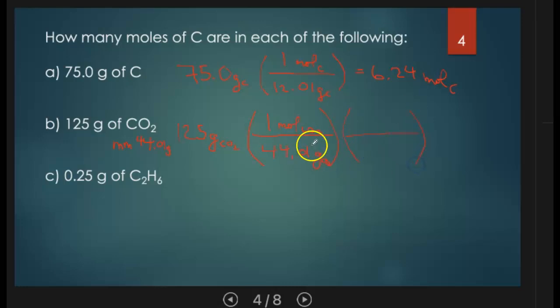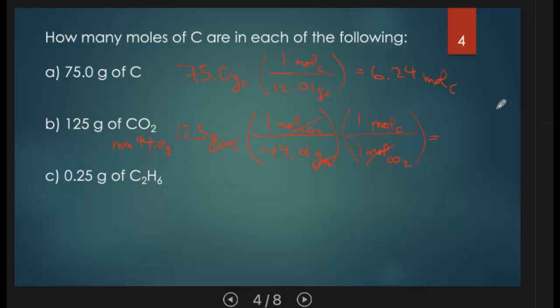So to get to that, what I'm going to look at is for every 1 mole of CO2, how many moles of carbon will we have? Well, 1. So 1 mole of carbon. Moles of CO2 will cancel out. Grams of CO2 will cancel out. We'll be left with moles of carbon. So tricky. You've got to watch out for that type of stuff.